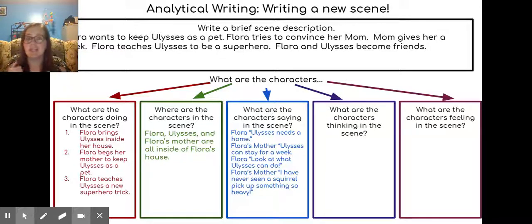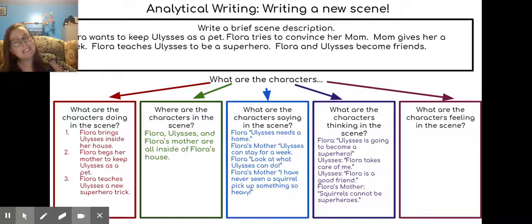So I'm using my description and I'm using my first two boxes to help answer the rest of my graphic organizer. So next, what are the characters thinking in the scene? What are they thinking? This will help us, especially if maybe you decide Ulysses doesn't learn how to talk. Maybe he can still only think.